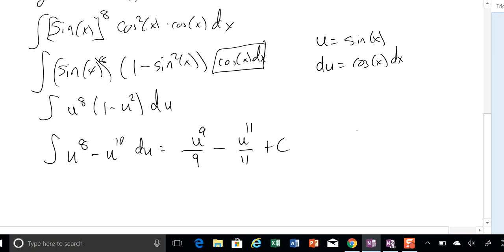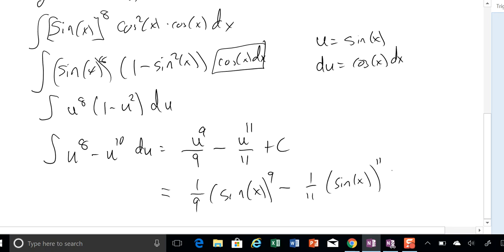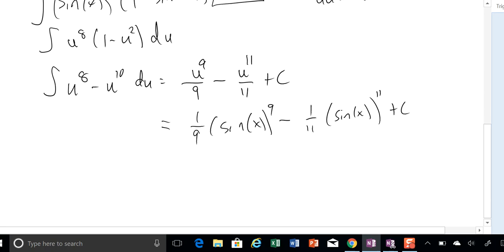And of course we always have to go back to what we started. We have to undo that substitution. We know u is equal to sine of x. So I'm going to have 1/9 of sine of x raised to the 9th power minus 1/11 times sine of x raised to the 11th power plus c. And that will be our antiderivative.